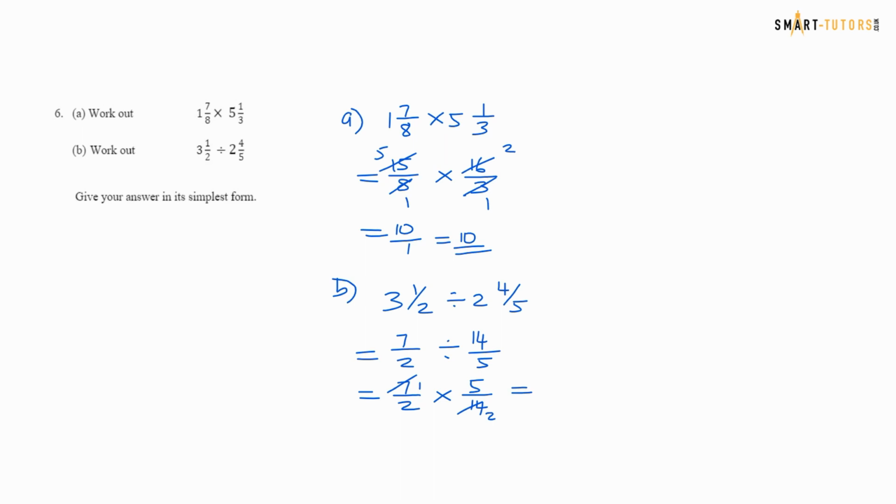So the answer is 1 times 5 is 5, 2 times 2 is 4, so 5 upon 4. So that is the answer for the B part.